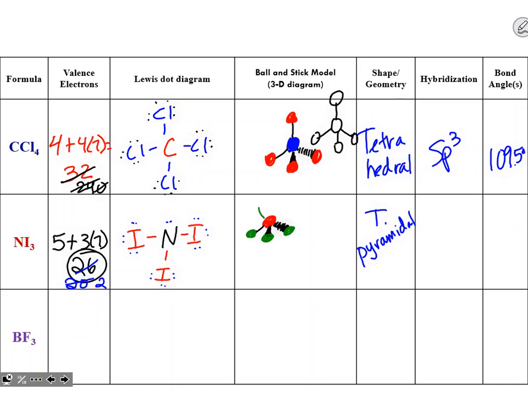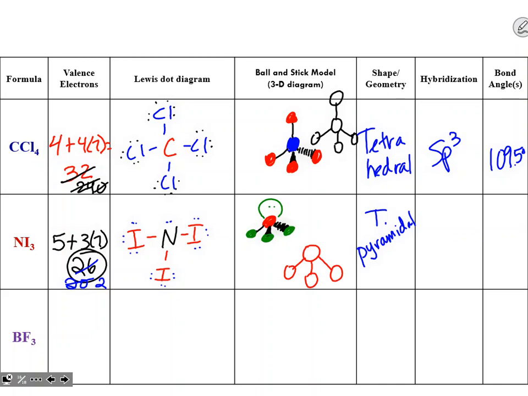So, it sort of looks like a mini pyramid. If you want to put the lone pair on top, you're welcome to do that. That's fine. If you don't want to do the wedges and lines, if you represent the diagram like this, that would be acceptable because you're showing me it's like a pyramid.